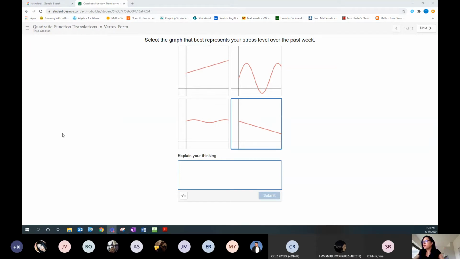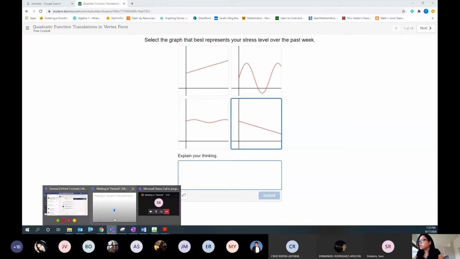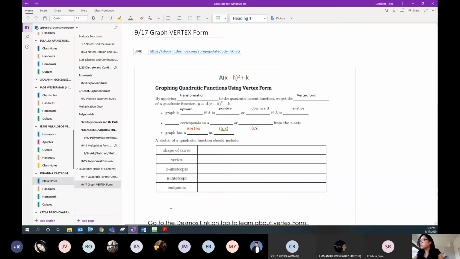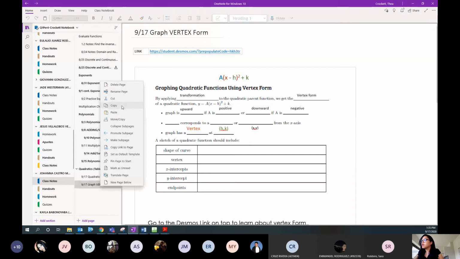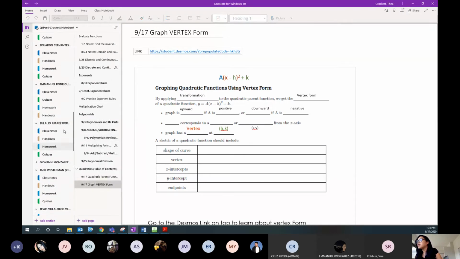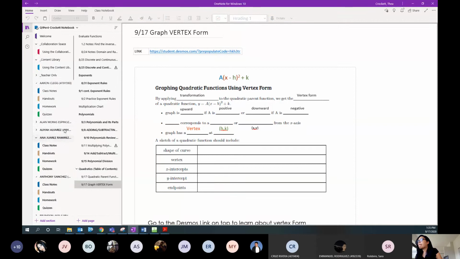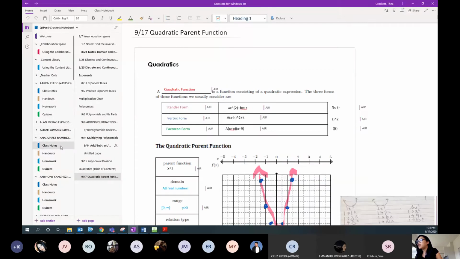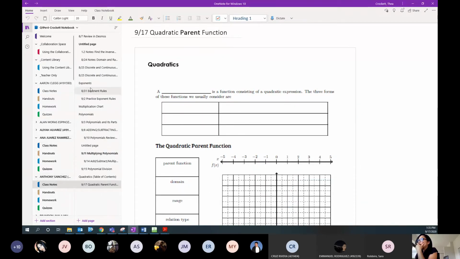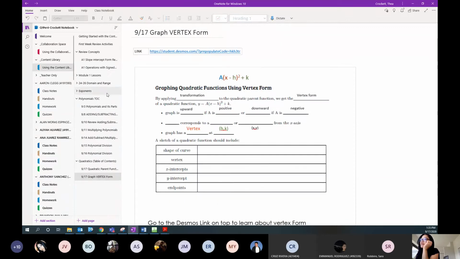Okay, so Anna doesn't have page 2. Does everyone not have it? Oh my God, so everyone doesn't have it. Okay, so my bad.